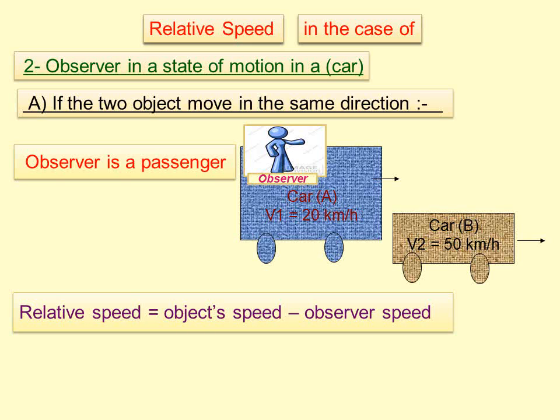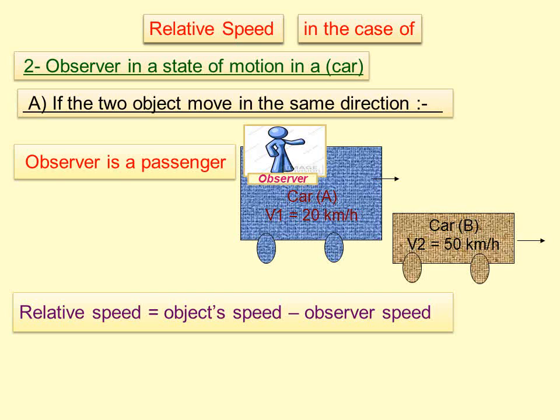So if we want to measure the relative speed, it is the speed of the object that we want to measure, car B, minus the observer speed. So the relative speed means that we measure the object speed minus the observer speed.